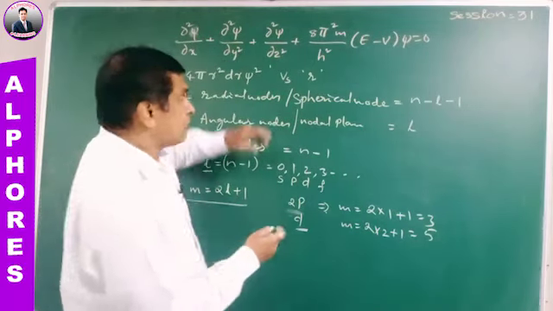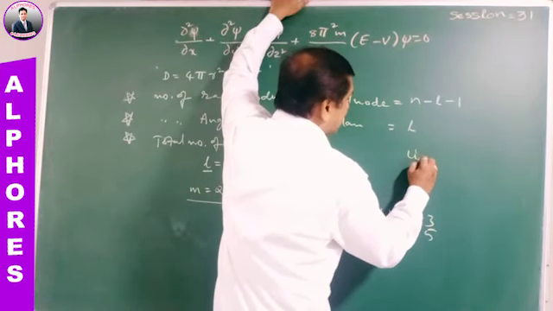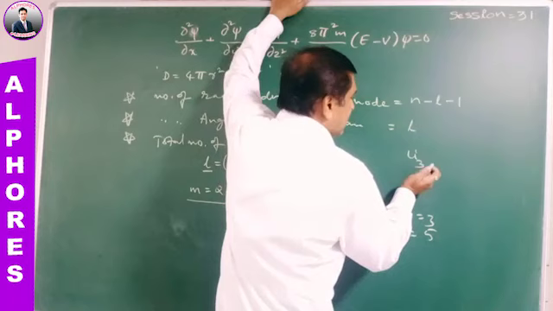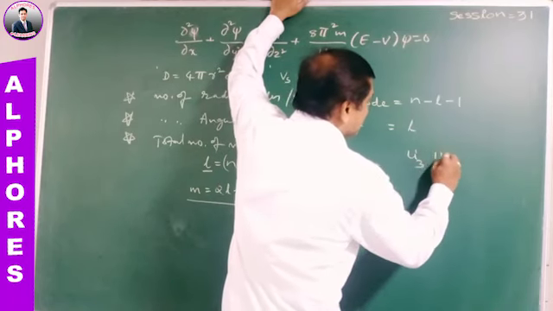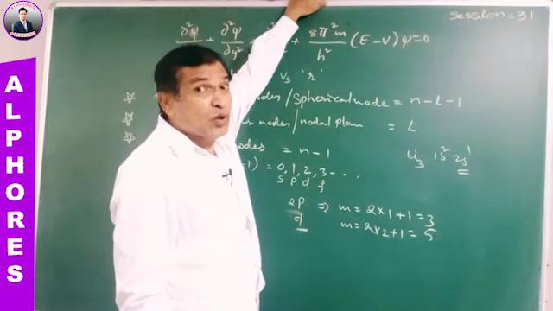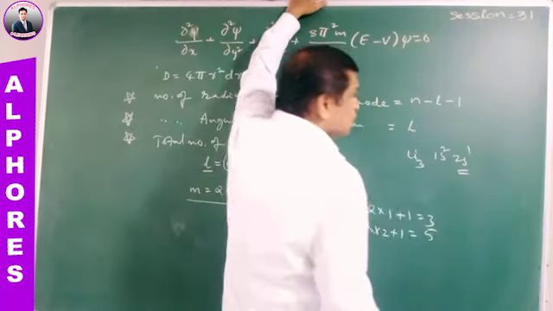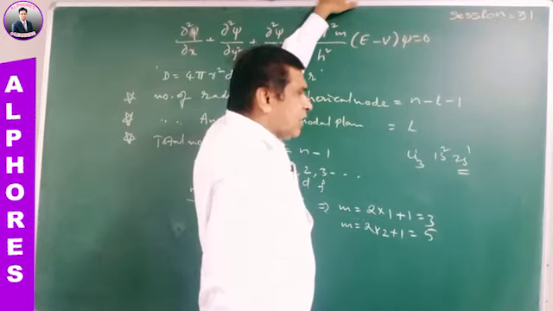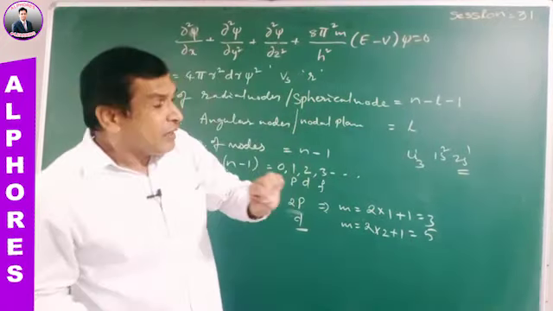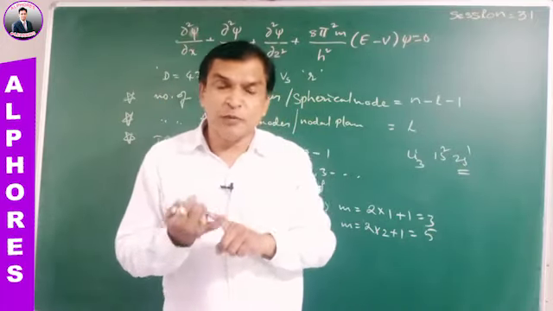For example, lithium, atomic number 3, 1s2, 2s1. I want to represent this orbital, not the electron. To represent this orbital, this subshell is present in the second orbit, so n is required, that is the principal quantum number.